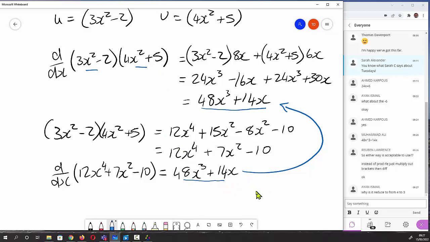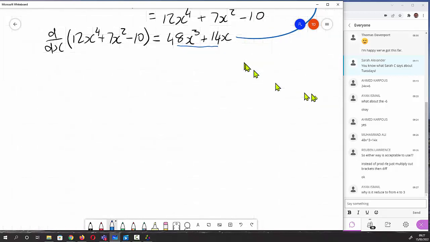Right, so that's the product rule. I need to mention the chain rule. So this is the chain rule. Let's go back to my black pen.